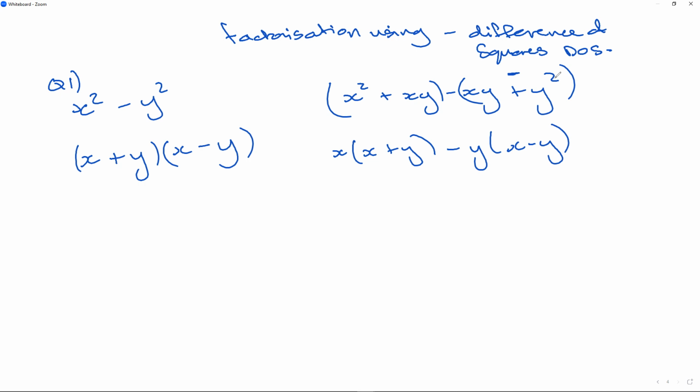If I take out a minus, because minus times a minus is a plus. Suppose this was plus, okay, and I have a common bracket of x plus y and x minus y, that is better, then that's what I'm looking at.